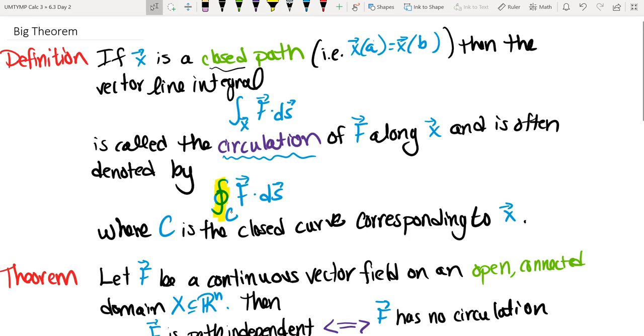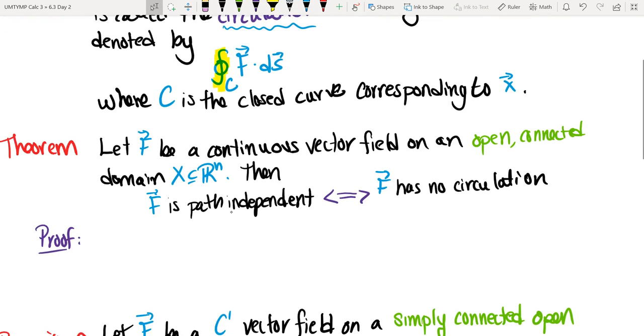Now we have a continuous vector field, and again we have those assumptions of an open and connected domain of R^n, as we did in the last video. Then the following ideas are equivalent: f is path independent is the same as f having no circulation.